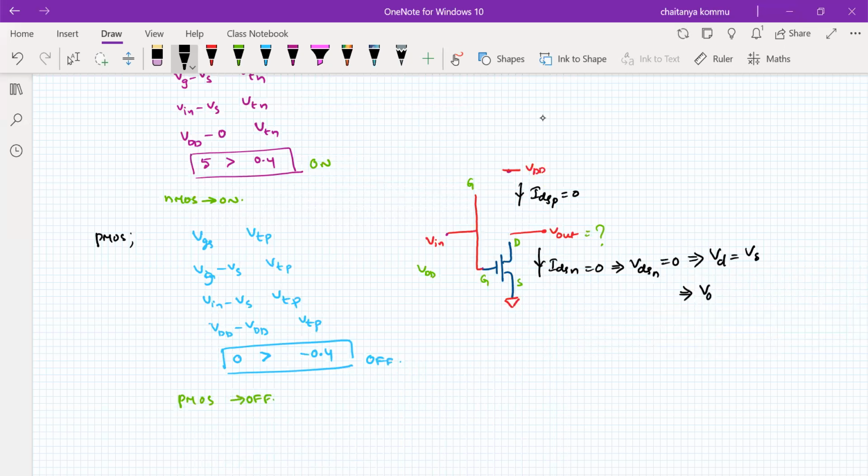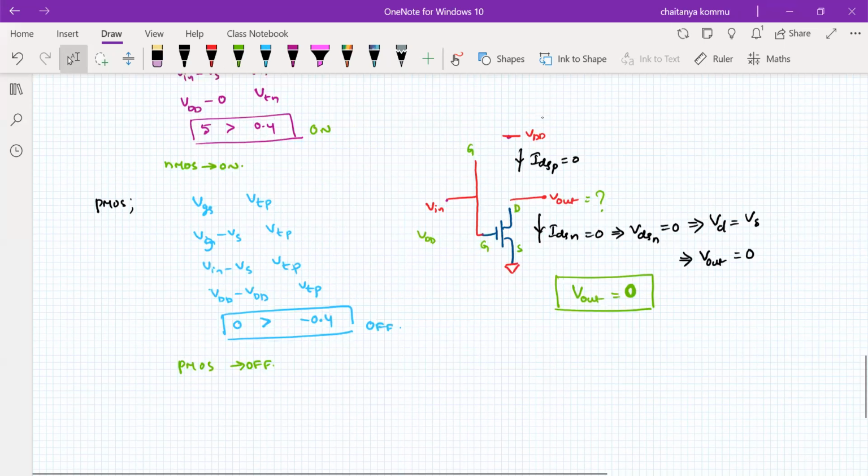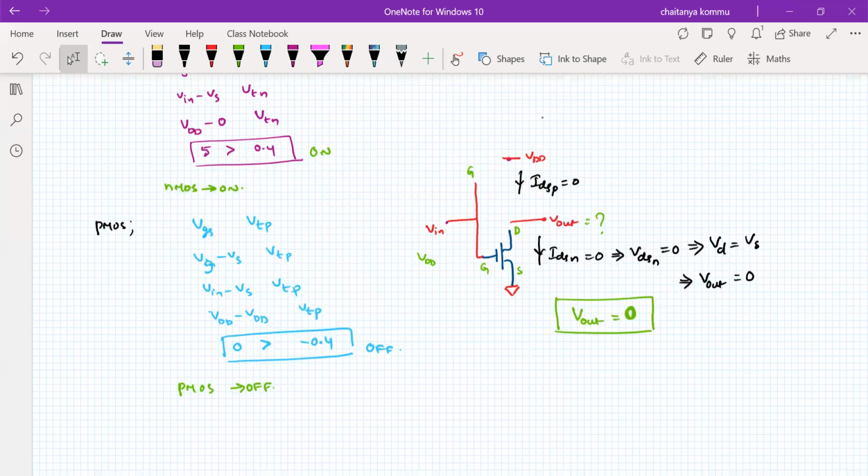It is connected to Vout. What is VS here? It is connected to ground. Therefore, Vout is equal to the ground value. Is it clear to all of you?